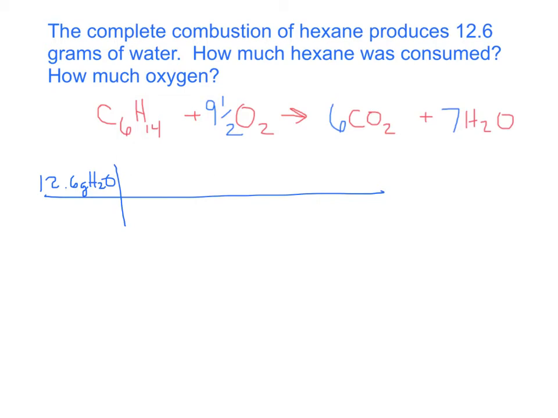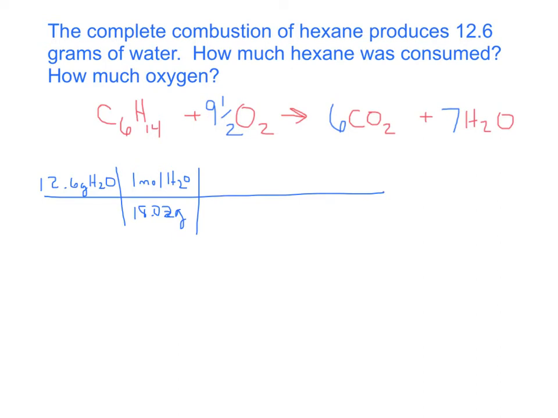So we're going to begin with the molar mass of water, which I believe is 18.02 grams to 1 mole of water. All right, now this one's not a 1. Check out the equation. 7 is the coefficient for water, 1 for hexane.